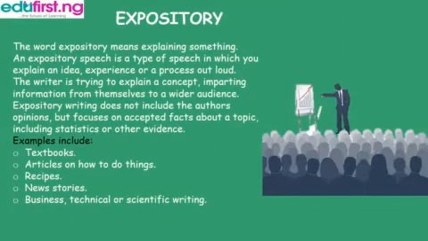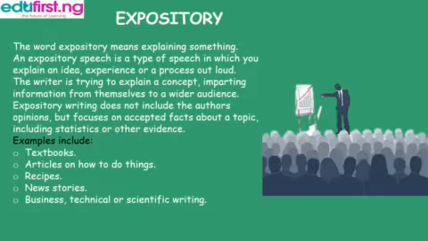Expository. The word expository means explaining something. An expository speech is a type of speech in which you explain an idea, experience, or a process out loud. The writer is trying to explain a concept, imparting information from themselves to a wider audience. Expository writing does not include the author's opinions, but focuses on accepted facts about a topic, including statistics or other evidence.